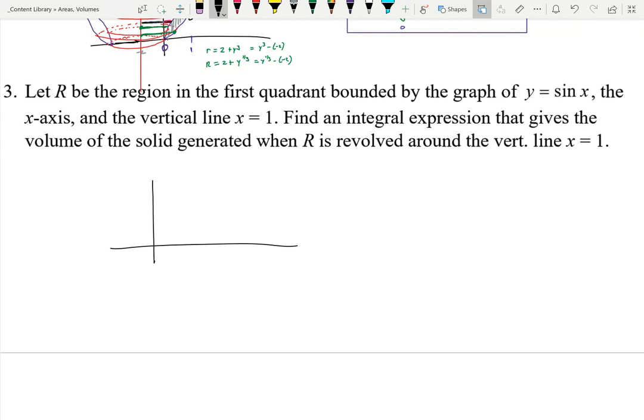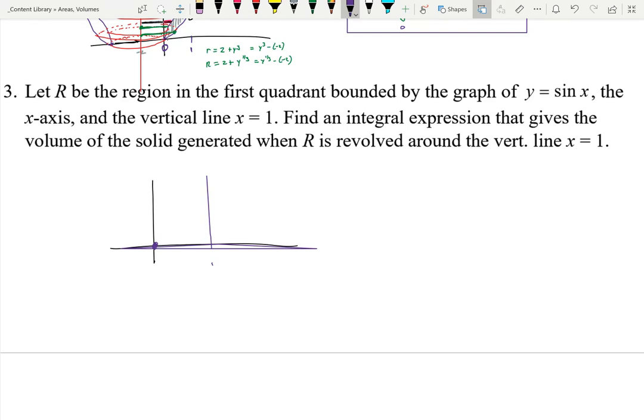Okay, so the x-axis is, of course, this. Vertical line x equals 1 is right there. And then the sine function, we know, goes from 0, and then it goes up from there.